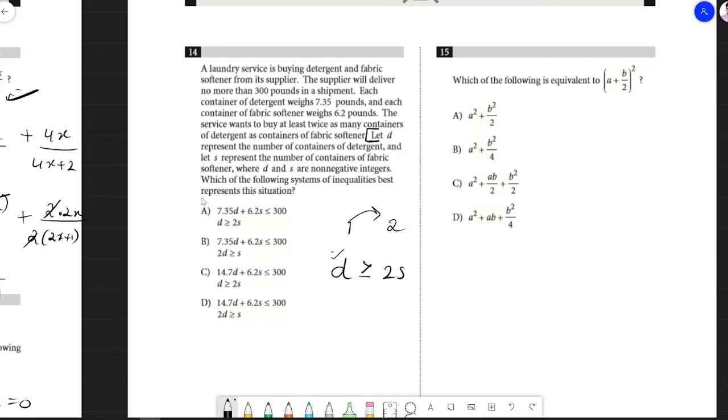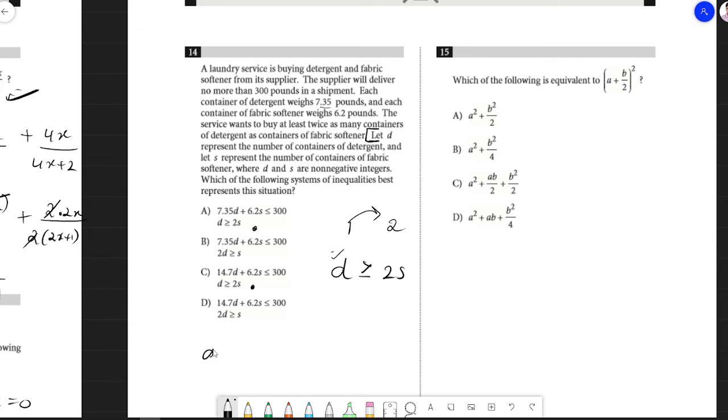So from that I can see that one of option A and option C is correct. Now we'll go to another condition. The supplier will deliver no more than 300 pounds, and each container of detergent weighs 7.35 pounds.